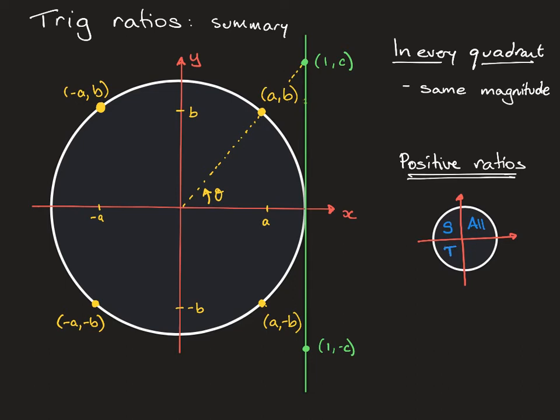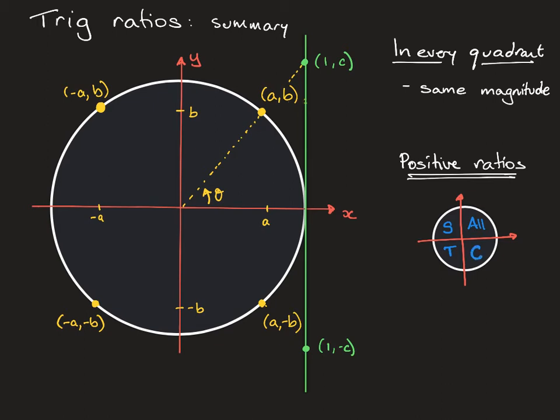And then finally, in the fourth quadrant, our cos value is a positive value, our sine value is a negative value, and our tan value is also a negative value. So in this fourth quadrant, the only trig ratio that has a positive value is our cos value.